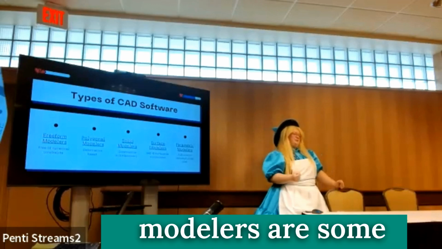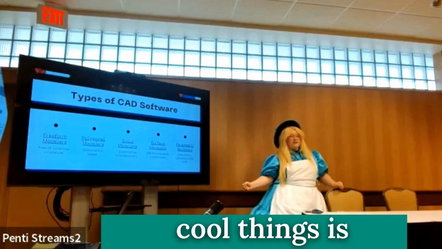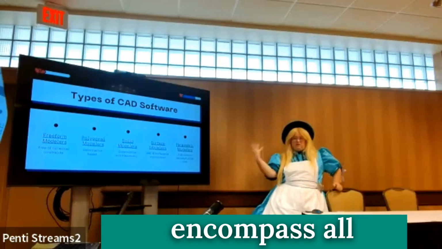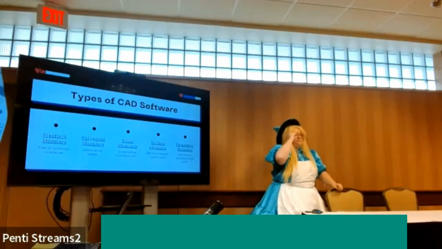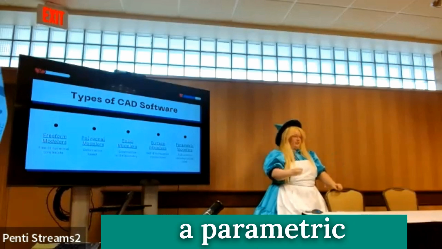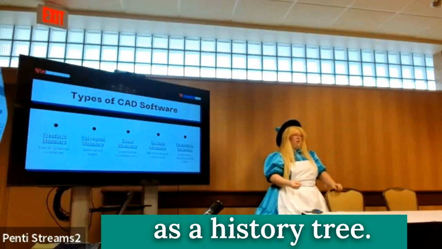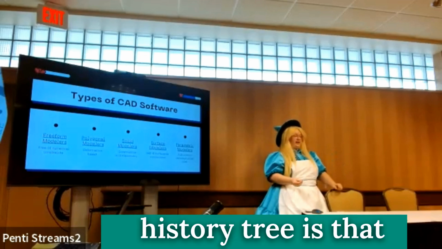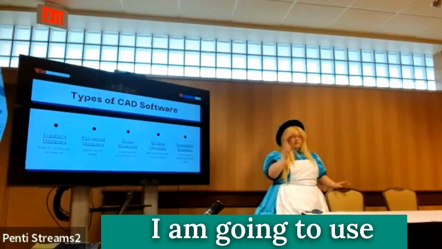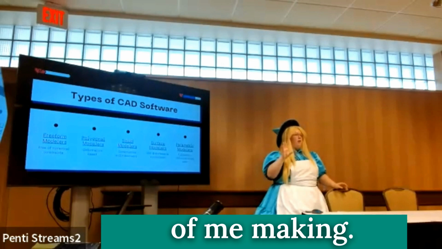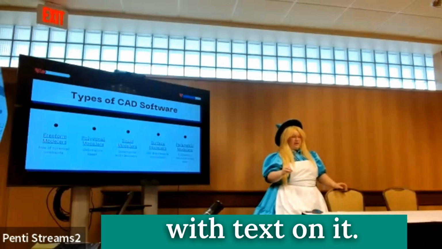Parametric modelers are some of my favorites, and one of the cool things is that parametric modelers can encompass all of the other kinds of modelers. The biggest thing that separates a parametric modeler is that it has what's known as a history tree. The power of a history tree is, I'm going to use an example that I think I've actually got a recording of me making. I was making something with text on it.